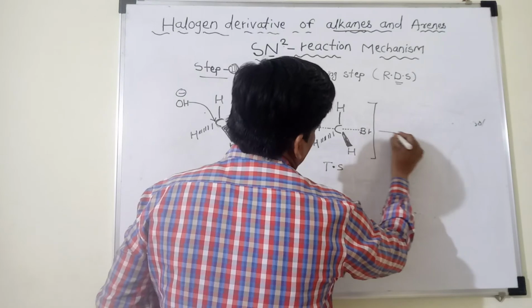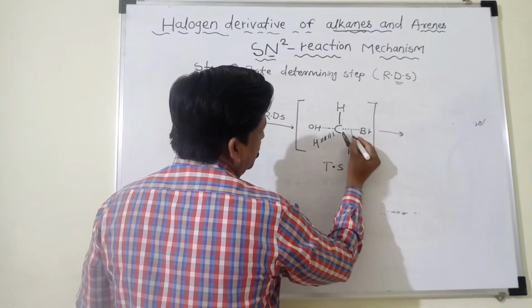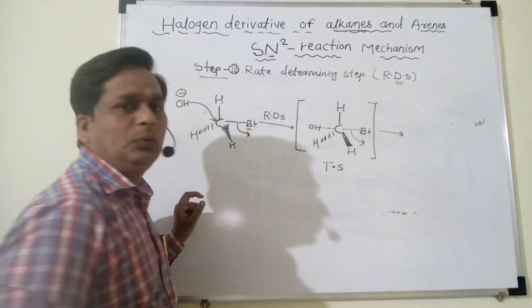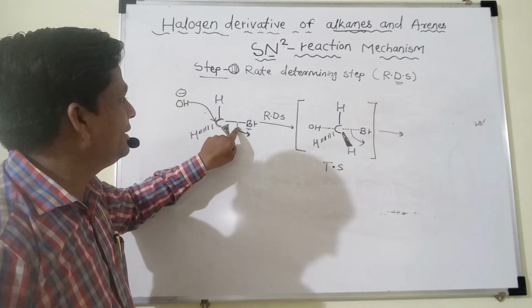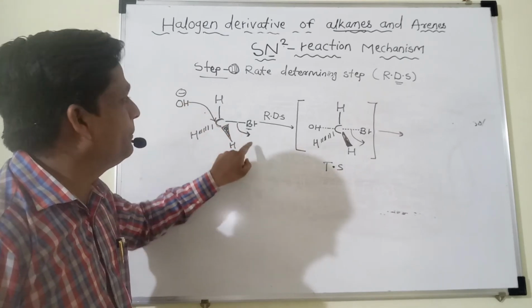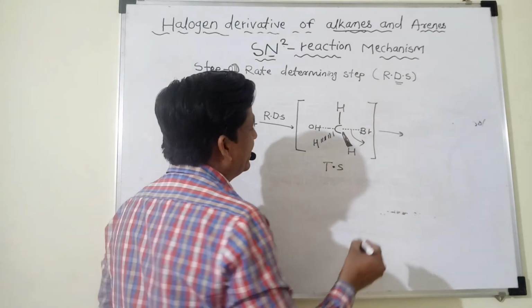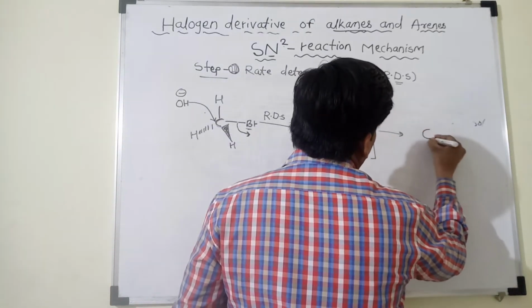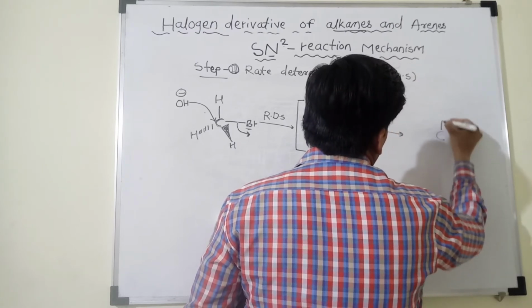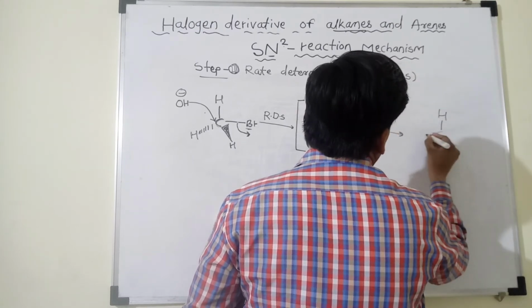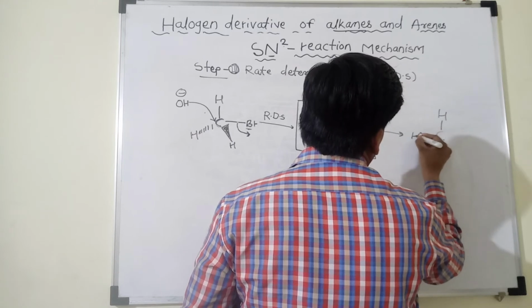Okay, finally what happens, this bromine group will be removed. Okay, here a new bond will be formed and this old bond is going to break, that means bond breaking and bond making take place simultaneously, and here we get the product like this, this C, this H, this OH group will be here.